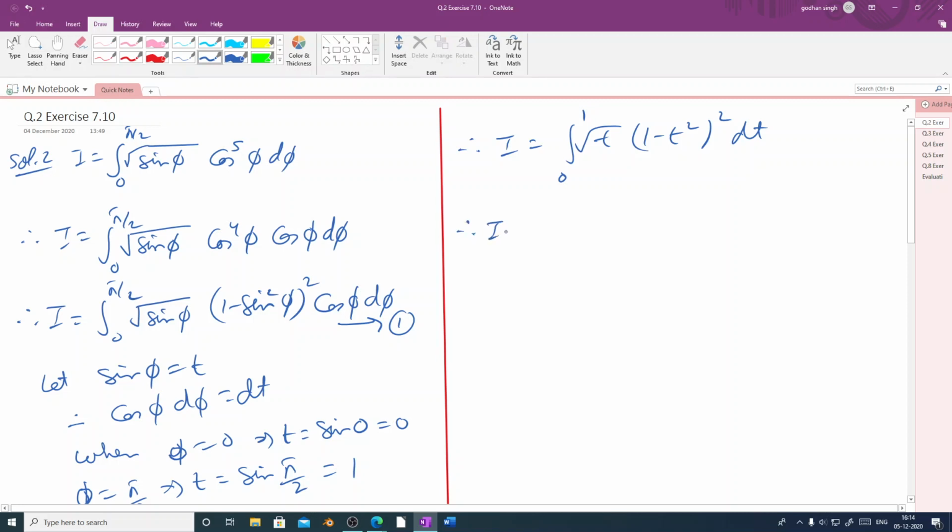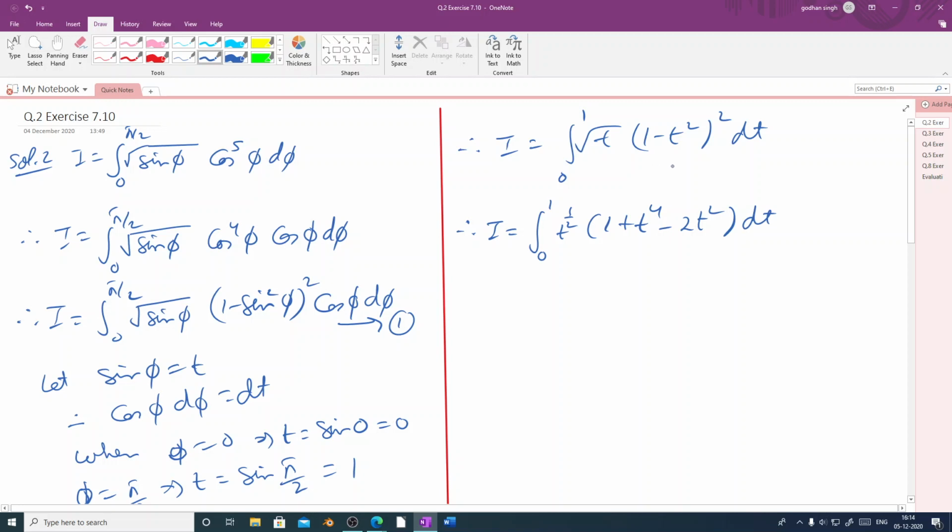Therefore I equals the integral from 0 to 1 of t raised to half, and this becomes (1 plus t raised to 4 minus 2t square) dt. Why?